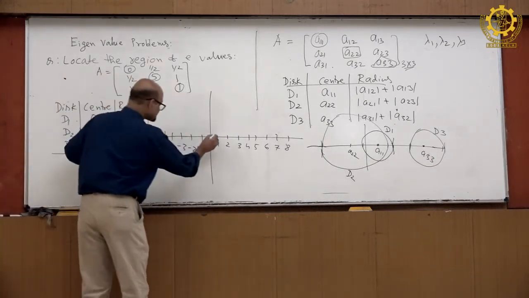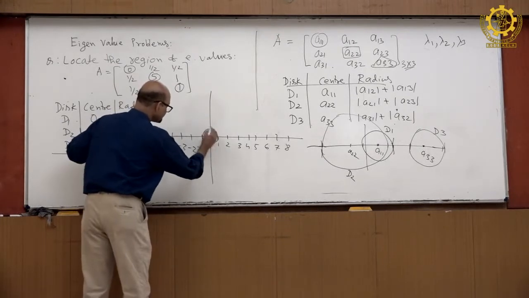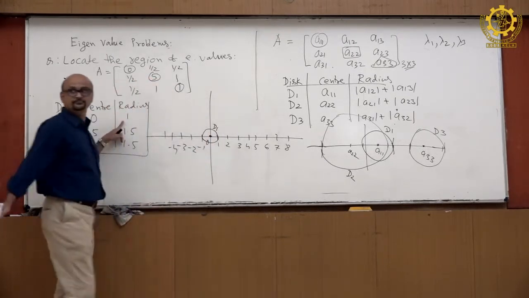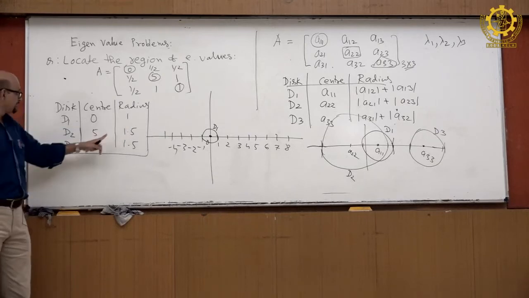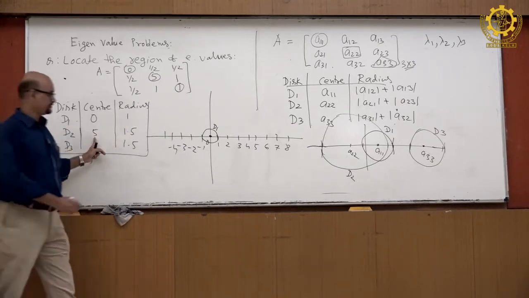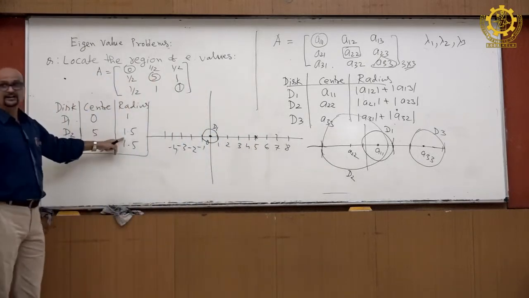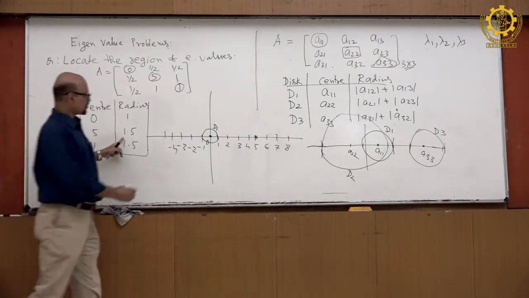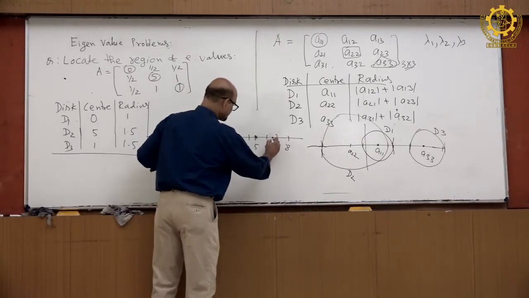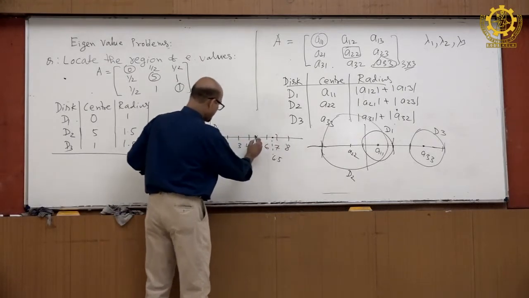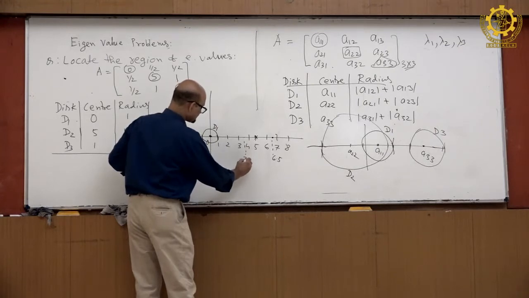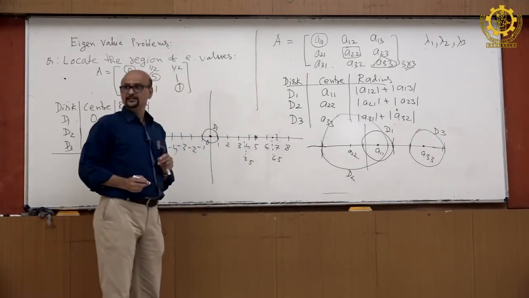So, first disk will be this, your D1. D2 center is 5, radius is 1.5. So, 1.5 means here this is 6.5 and this side it is 3.5.